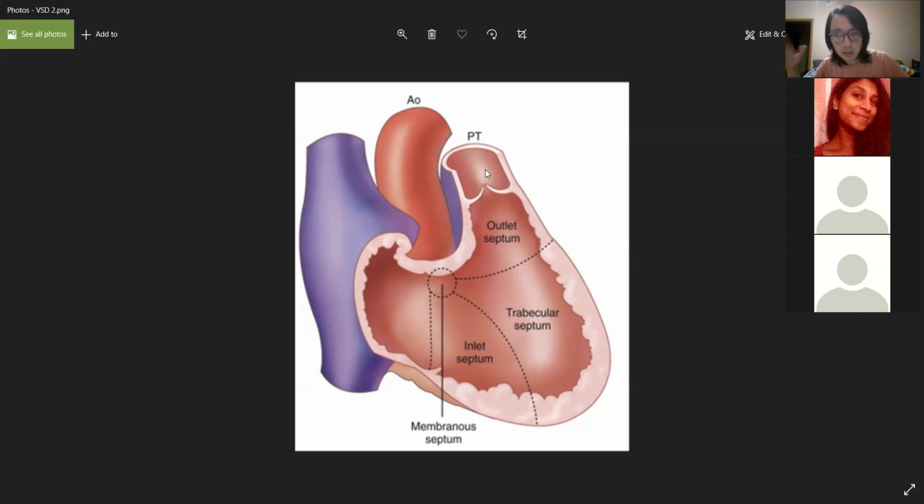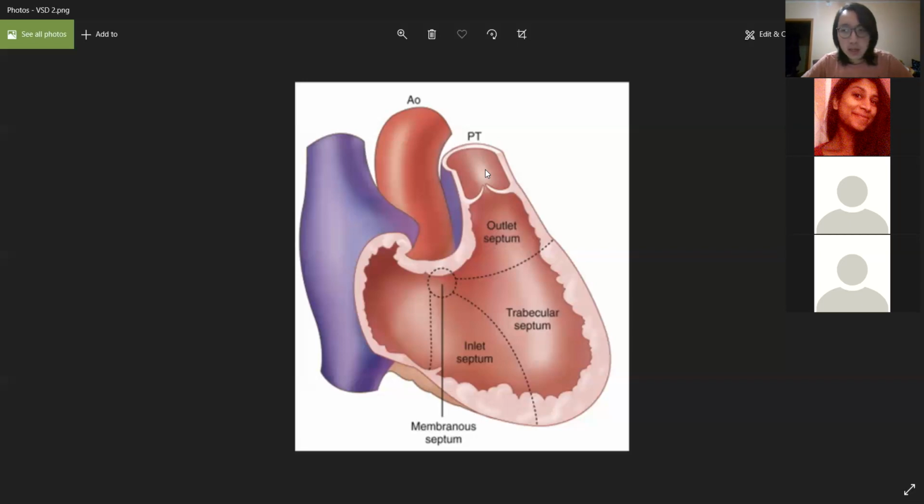This is a little bit extra, and this already falls under the knowledge that we need in our specialty. In this equation, you'll find QP and QS, and the ratio between QP and QS. If you're interested, you'll find that when the ratio is above 2 for children, and above 1.5 for adults, that is an indication for surgical intervention.